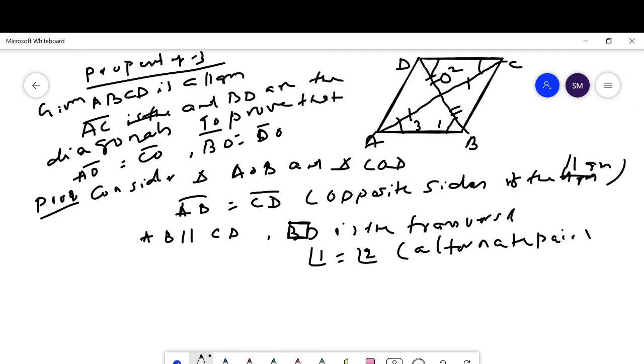And angle 3 is equal to another, since AB is parallel to CD and AC is the transversal.